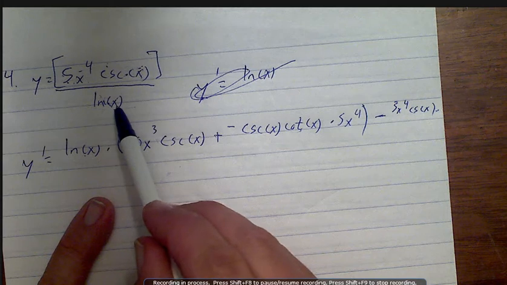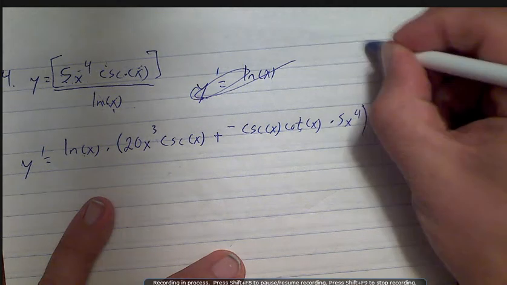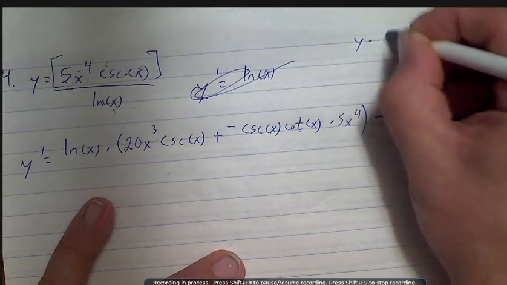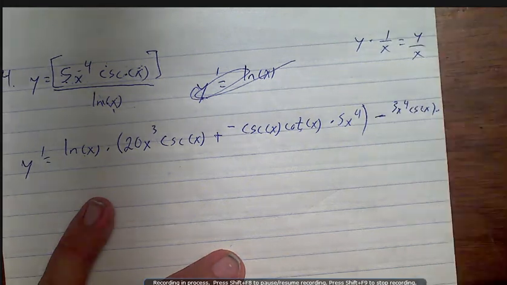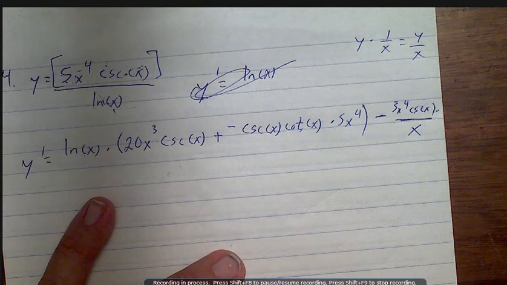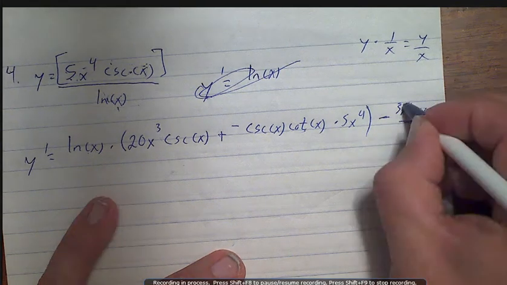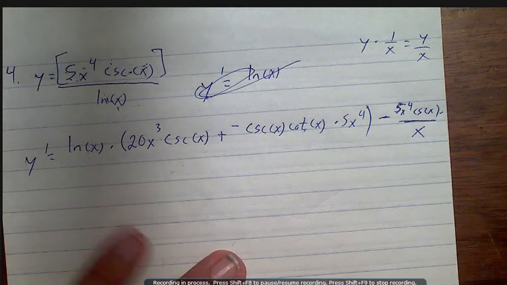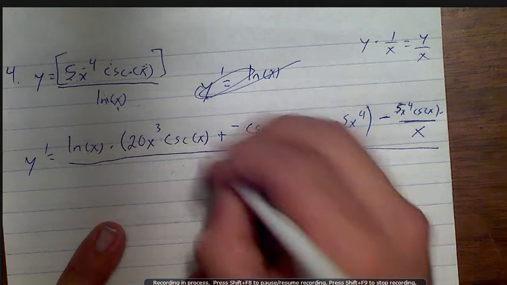Again, some number times 1 over x is going to be that number over x. So basically I just put this divided by x like that. Okay, and then all of that divided by the denominator squared. Natural log of x squared.